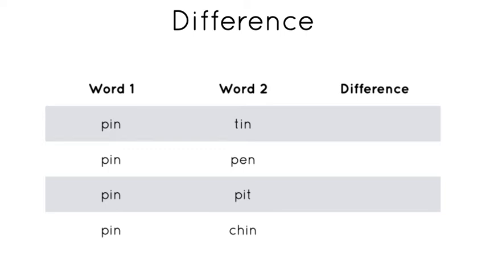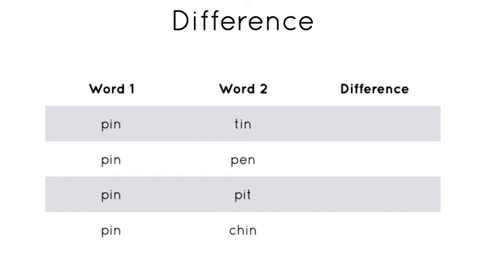And we're back. In set one, if you had the word pin and you wanted to turn it to the word tin, you would need to substitute the sound p with the sound t. T would be the phoneme that you would substitute. That would be the phoneme of difference. In pin and pen, it's that middle vowel sound that you would want to substitute.